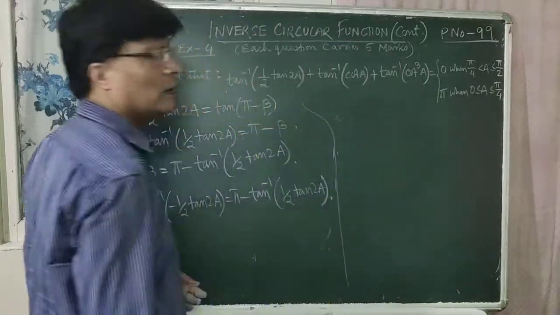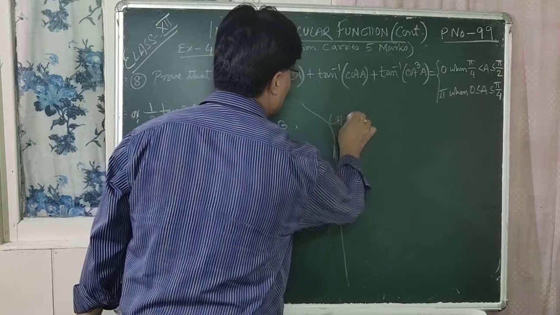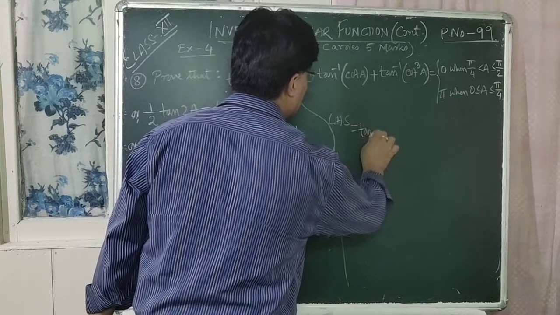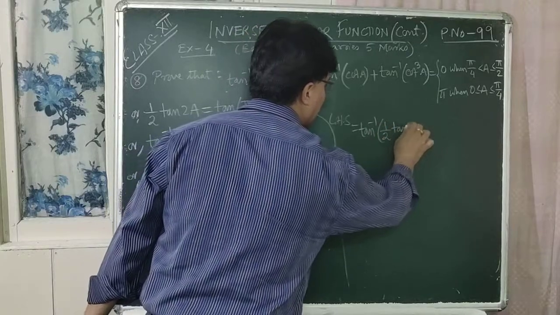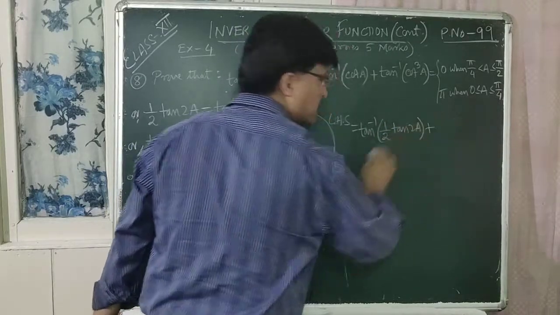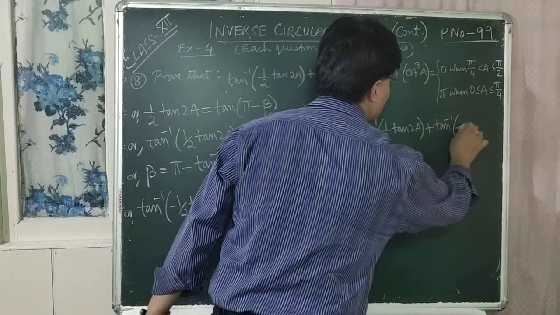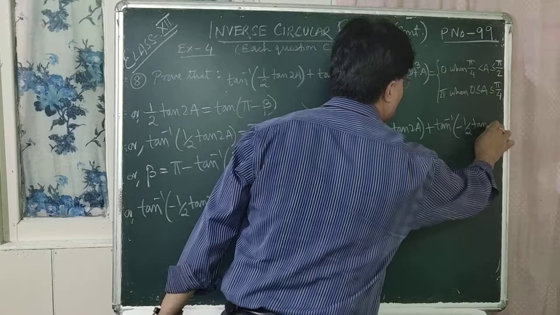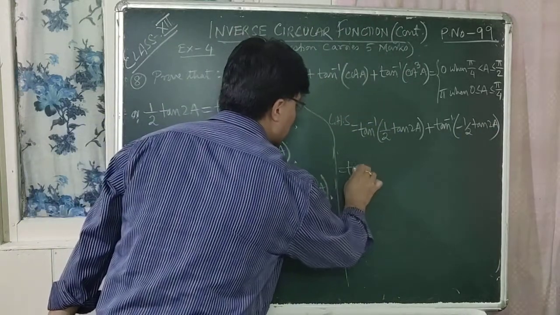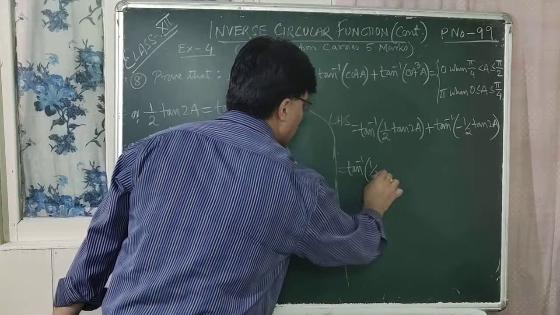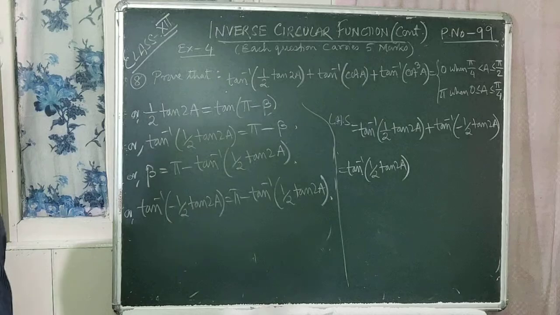Now let us write down the left hand side. What was the left hand side? It was tan inverse half tan 2a plus tan inverse within bracket minus half tan 2a, right? So the first term remains the same.